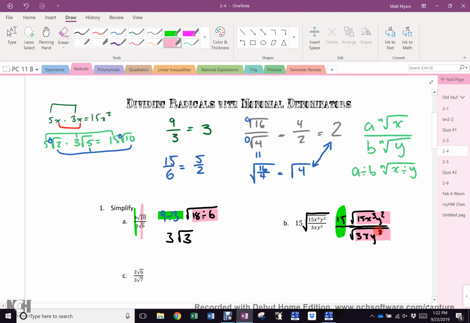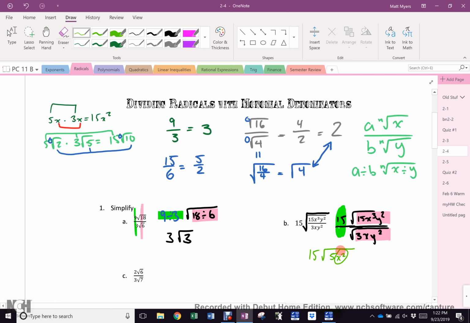Now, Mr. Myers has just said you have to bring all your math knowledge to the party. Do we know how to divide exponents? Of course we do. So what is the answer here? 15 root 5x squared. And that's it. But are we done? Why not?